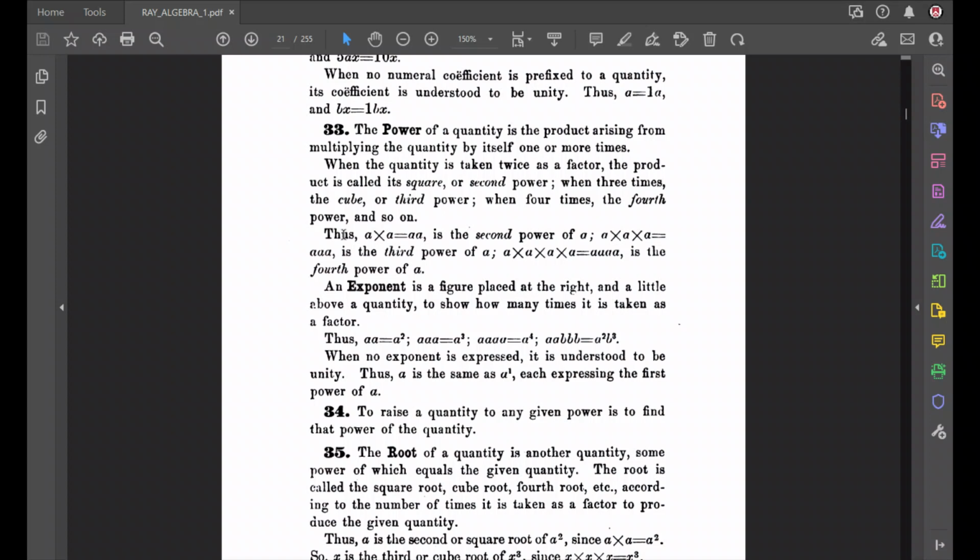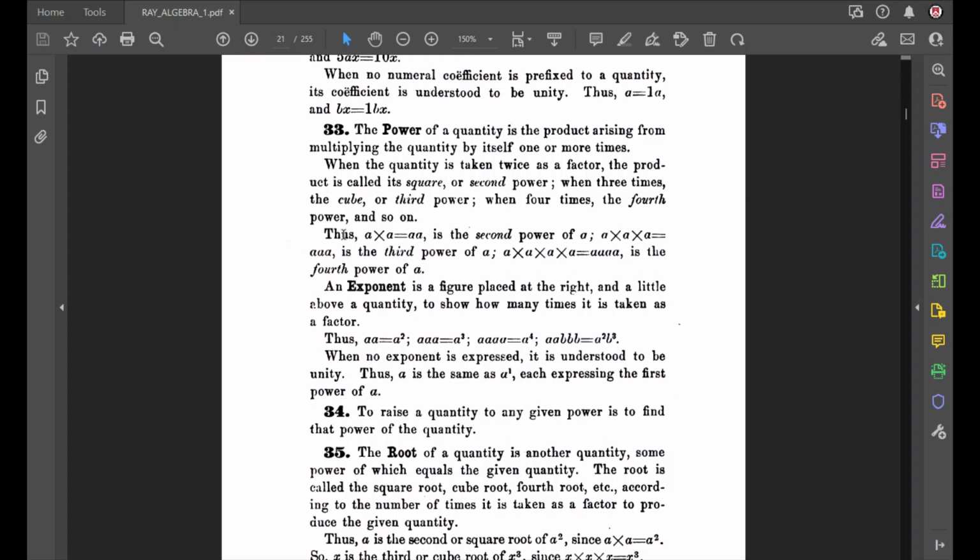So 6 times 6 is 36. 6 is taken twice as a factor. This is the square of 6. This is the second power of 6.